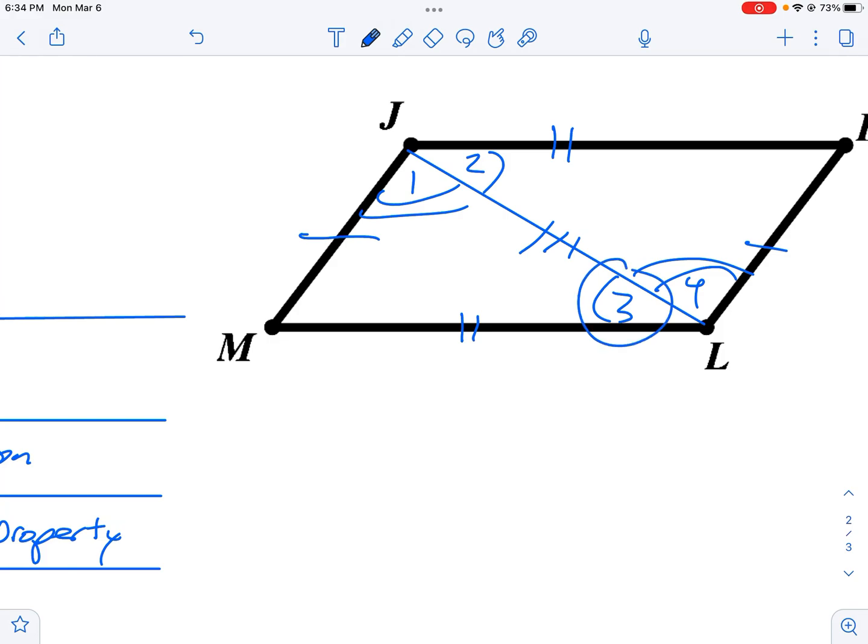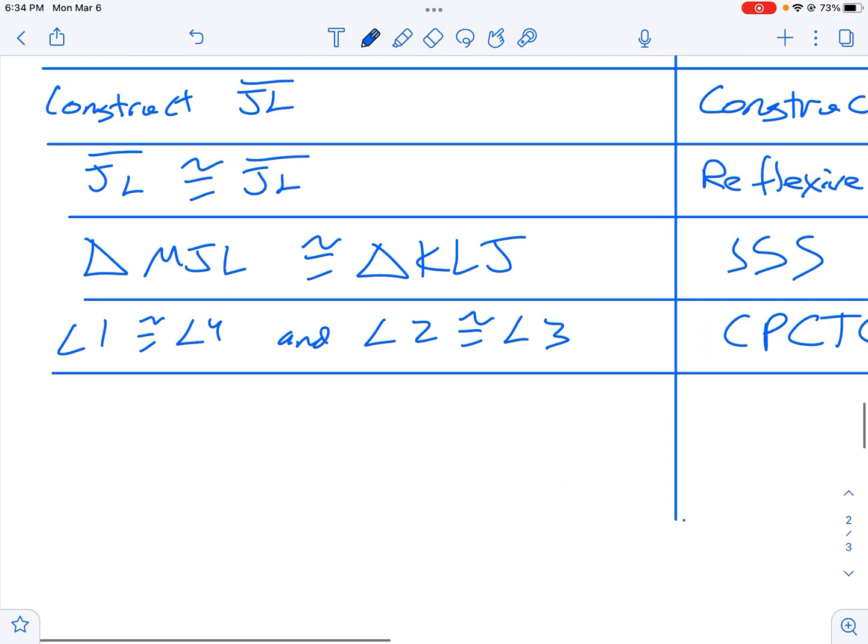And so since 2 and 3 are congruent, and they're alternate interior angles, we have proven that these two lines are parallel. So I'm actually going to mention that angle 1 and 4 are alternate interior angles, and 2 and 3 are alternate interior angles.